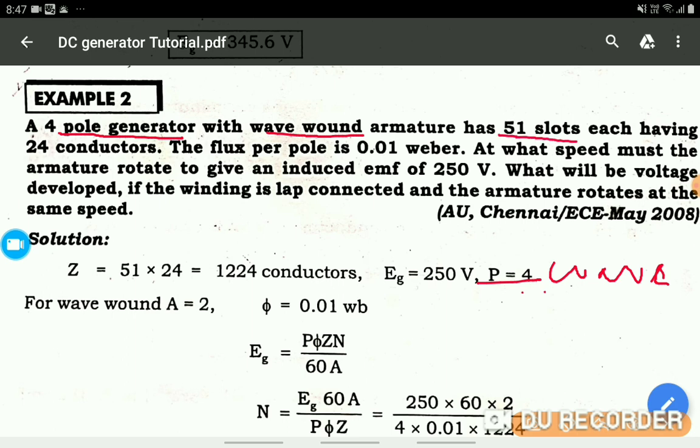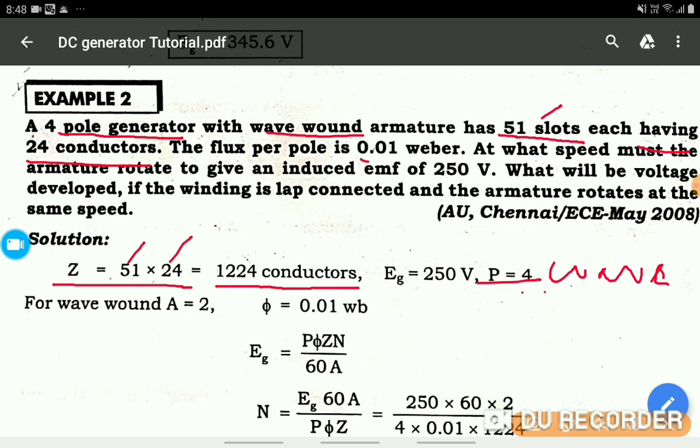Then it has 51 slots, each having 24 conductors. So what should be our Z? 51 slots each with 24 conductors, so we multiply 51 into 24, which gives 1224 conductors. This is the actual Z.